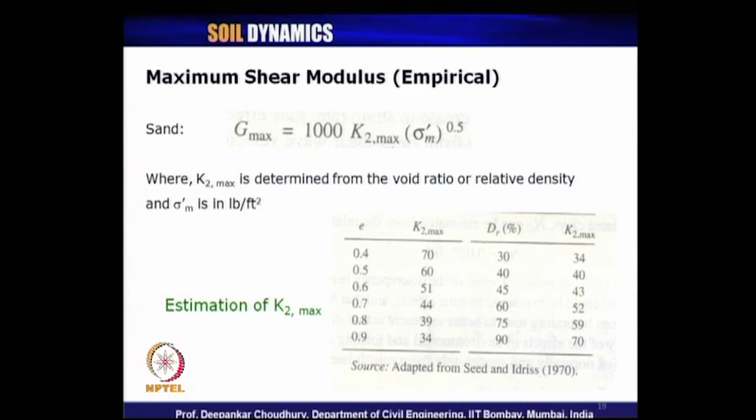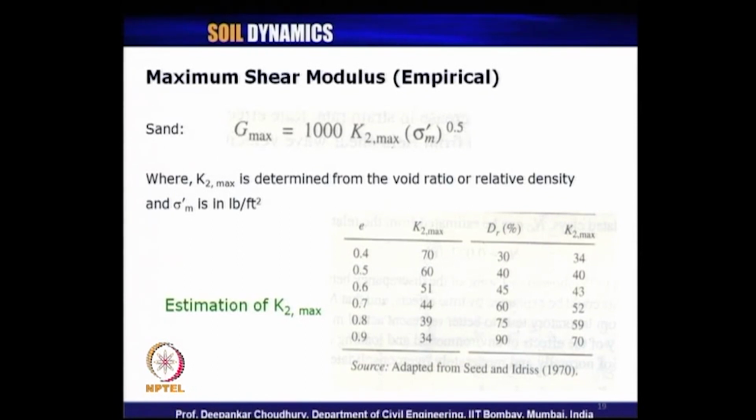Now, this was proposed long back in 1970. With time, several hundreds and thousands of more laboratory tests were conducted by several other researchers. It is not necessarily true that the sand of any particular location will follow this relationship, or that it will be truly universal.